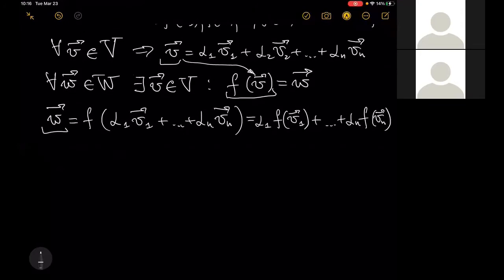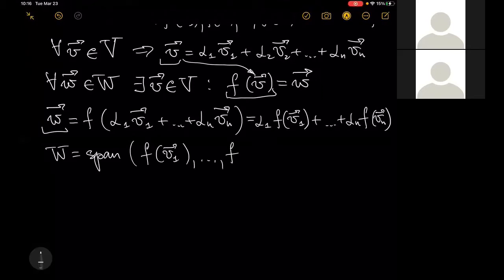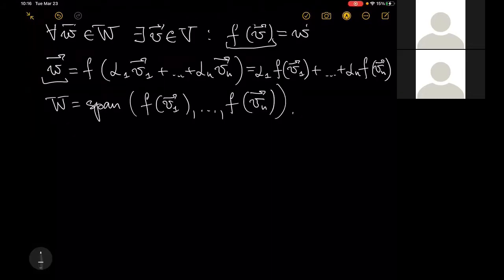So in other words, I got that W is spanned by this. Okay, so in order to show that this is a basis, all I need to do, I need to show linear independence, right? Okay, let us do this.